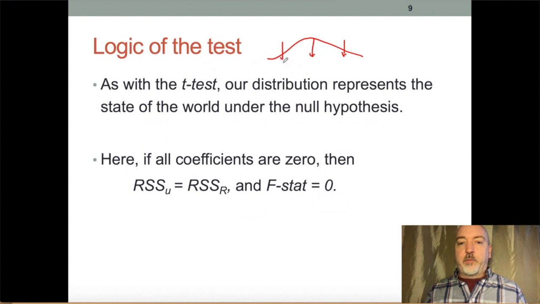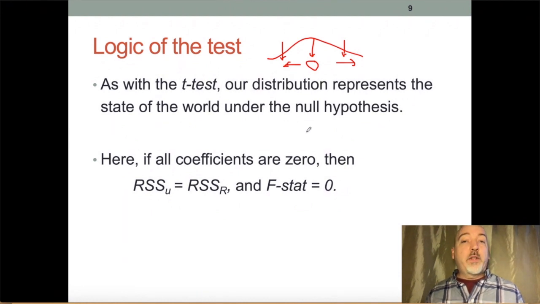That's the picture that we looked at. And the idea is that we put this distribution based on the null hypothesis. This is the state of the world if the null was true. And then we look for enough evidence to say whether or not we can reject that null and say, well, this really isn't where the distribution lies.